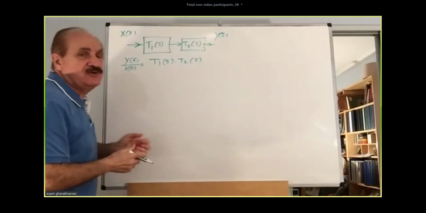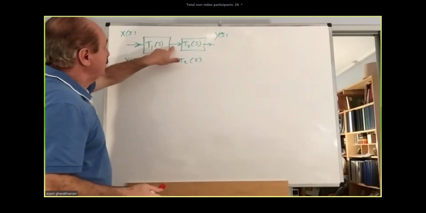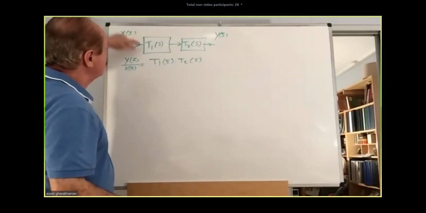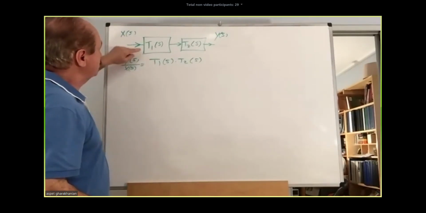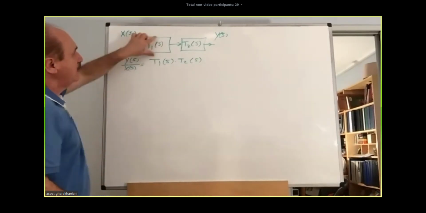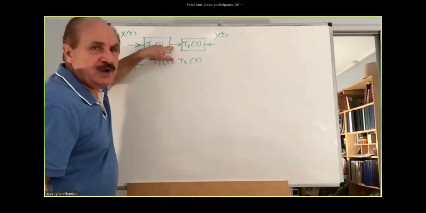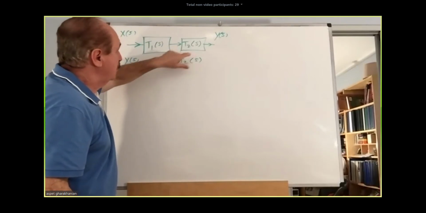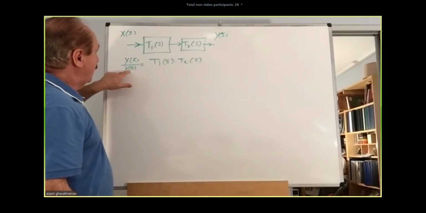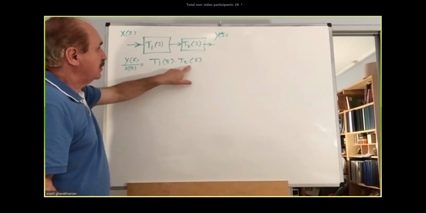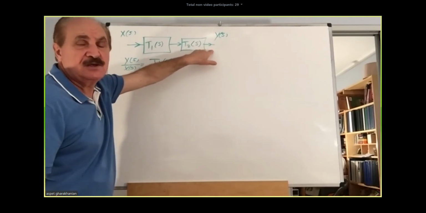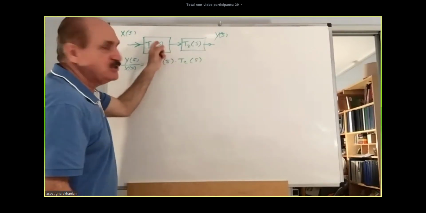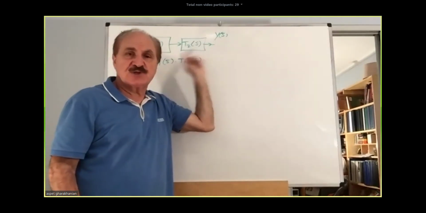Well, this is the reasoning for that. Simply the output from number 1 is T1 multiplied by X, here, X times T1, then the output from number 1 becomes an input to number 2. So X times T1 multiplies T2, that makes the output Y. So one transfers and the other one transfers the transfer of the first.